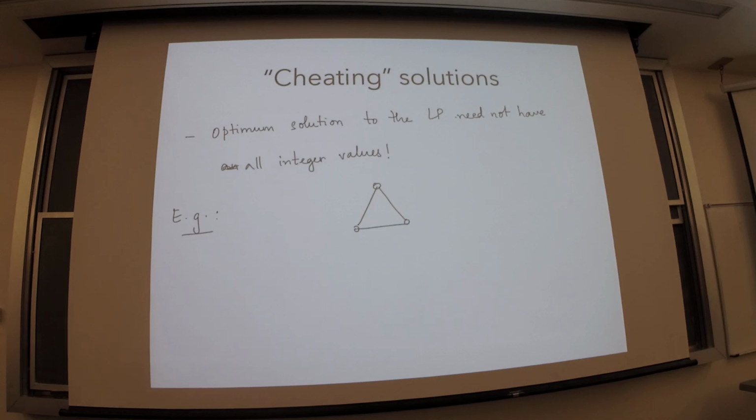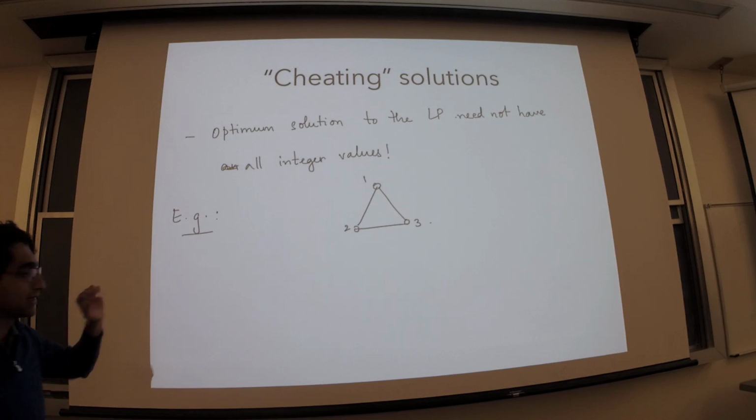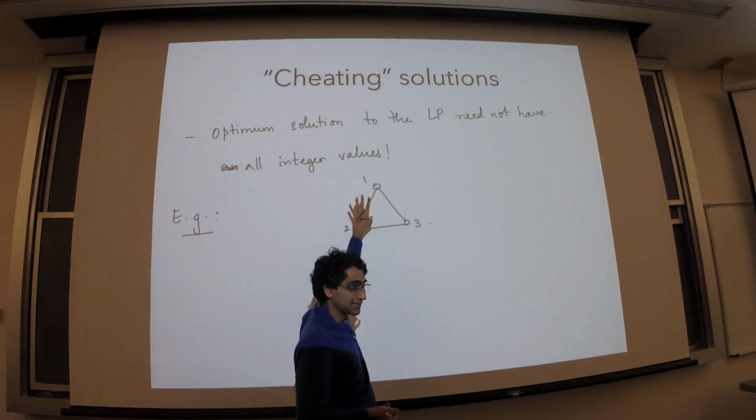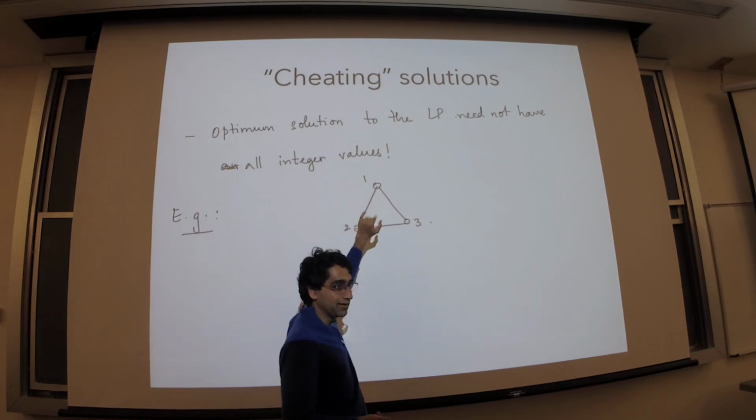It's the simplest you can think of: you have a triangle with 3 vertices. What is the size of the minimum vertex cover for this example? 2, right? You have to pick at least 2 of these vertices. You can pick any 2, that's fine.